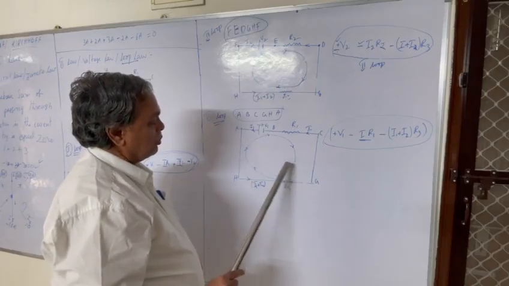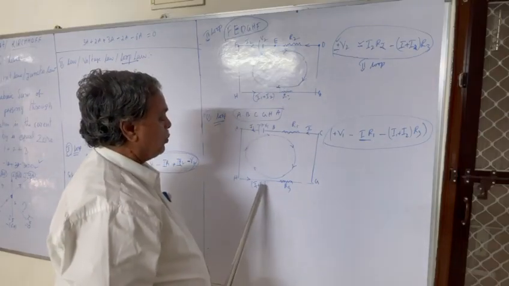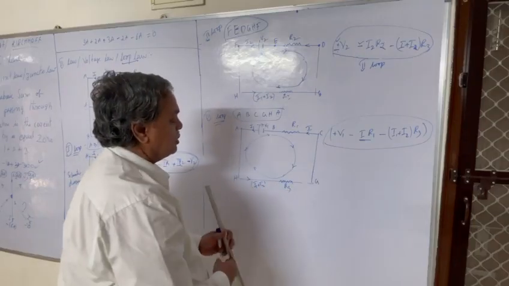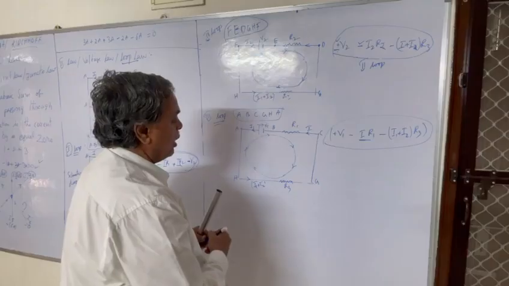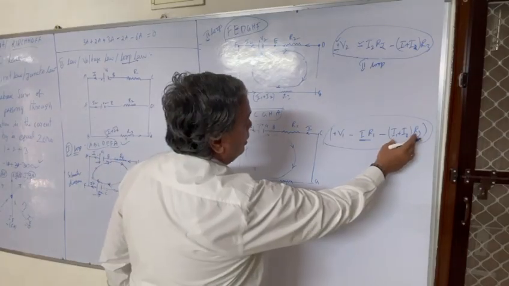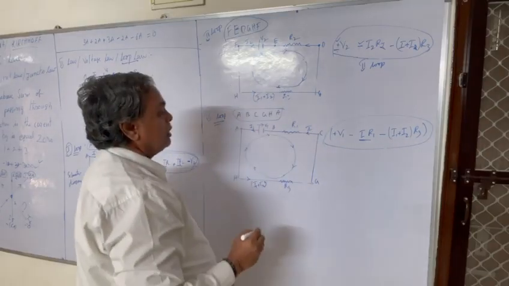That's why it gives minus (I1 plus I2) R3. This is the third loop.